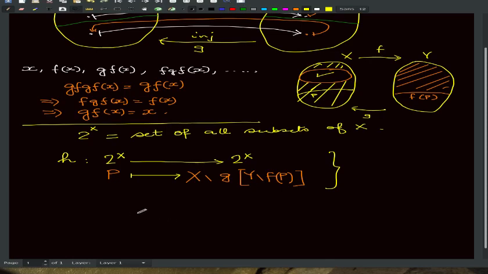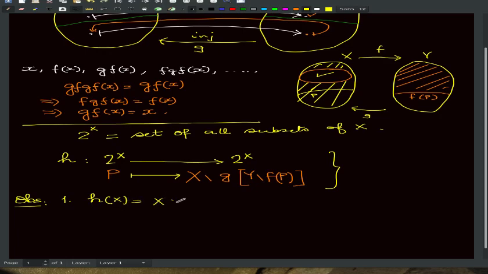Okay. So now let us see how this looks. The way I have drawn it, it seems that this is bigger. I don't know, it may also get smaller. So the way I have drawn it, it seems as if this answer is bigger than P. Well, it depends on my F and G, but at least let us see something. Observe. What is the value of H at X?